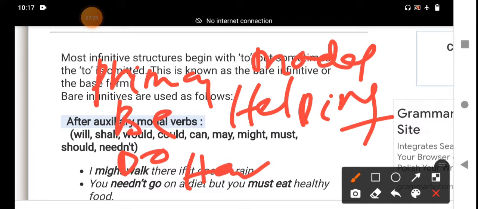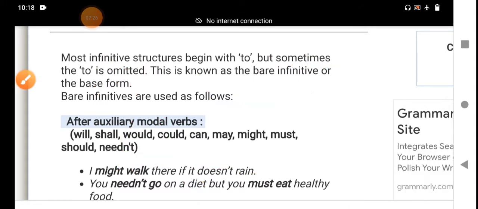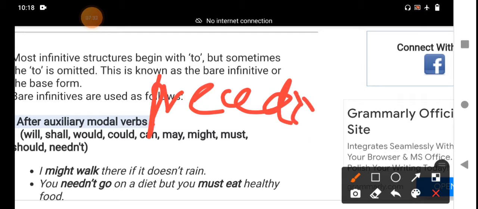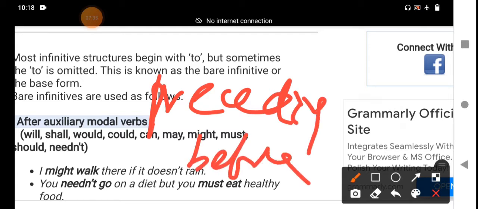Primary auxiliaries we should understand. How do we understand? The base infinitive or bare infinitive is a type of complement with an infinitive verb form that is not preceded by the particle to. Preceding means before.